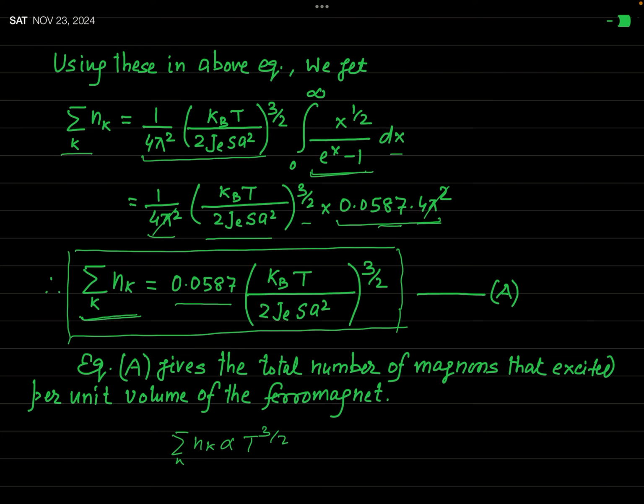So if we take T equal to 0 Kelvin, what will be the value of this summation of nk? This will simply be 0. It means at absolute zero, no magnon is excited. No magnon will be found in an excited state at 0 Kelvin. And this is an obvious result, because with increase in temperature, the magnons get excited into the higher energy levels.